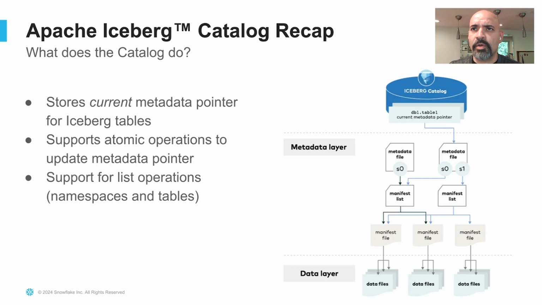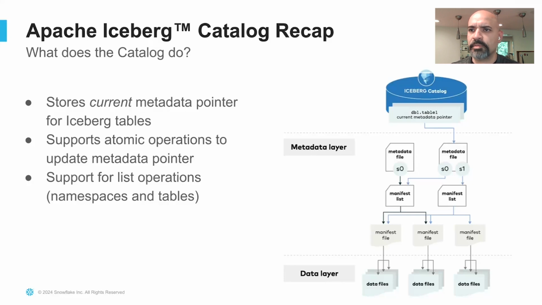All right, so I don't want to spend a lot of time here. I think most of us are familiar by now with how Iceberg manages the metadata for a table. So the job of the Iceberg catalog is to store the current metadata pointer for an Iceberg table. That is, what is the current state of the table. And most importantly, it has to support atomic operations to update that state.